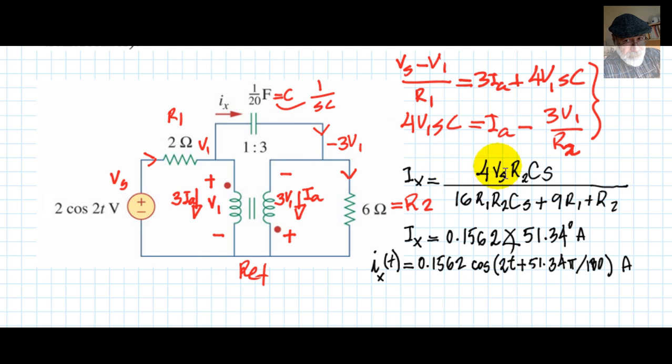The question is, who is S? S is J omega. Omega over here is 2 radians per second. So S is J2, or in rectangular form, 0,2. What about Vs? Well, Vs is the phasor that represents the voltage source.